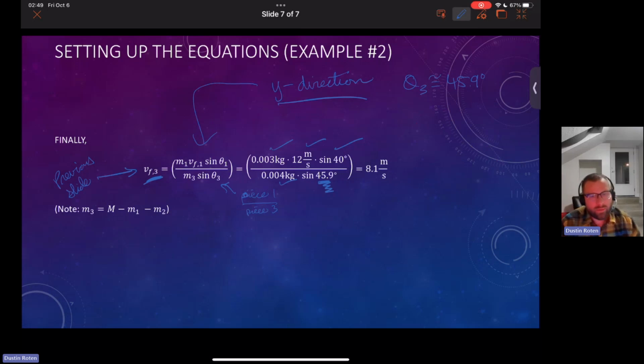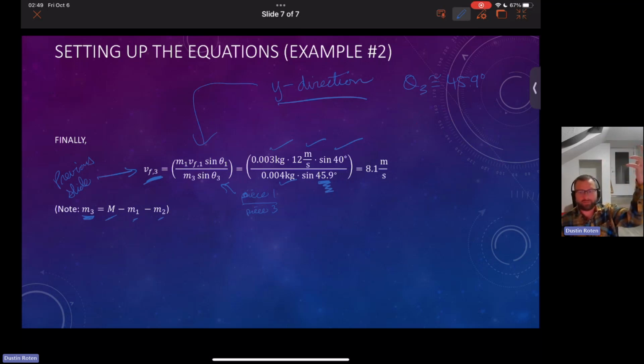Now you might be asking, well, where did I get that 0.004 kilograms? Well, the idea is the mass of the third piece is just the total mass minus the first piece and second piece. We know what the other two masses were of those two pieces.